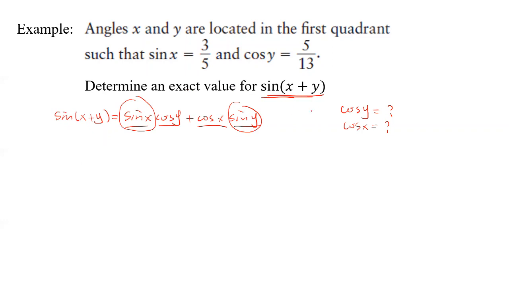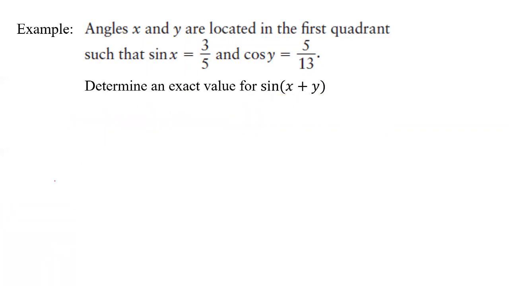Let's write this down again. Sine x cosine y plus cosine x sine y, right? We have already had sine x and cosine y. Then we need cosine x and sine y, right?